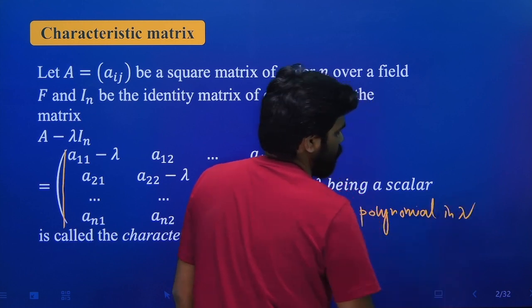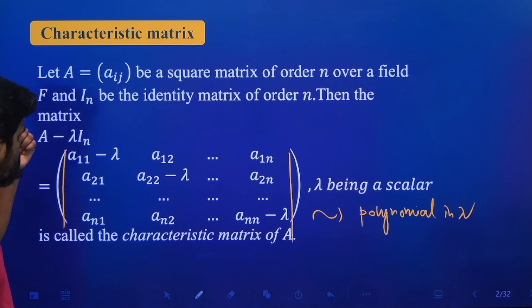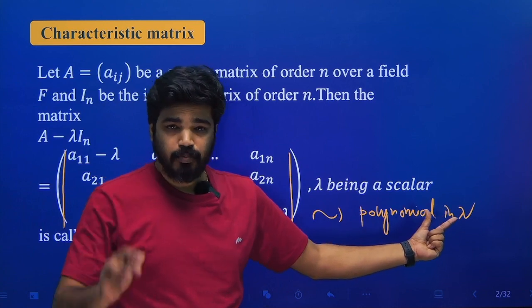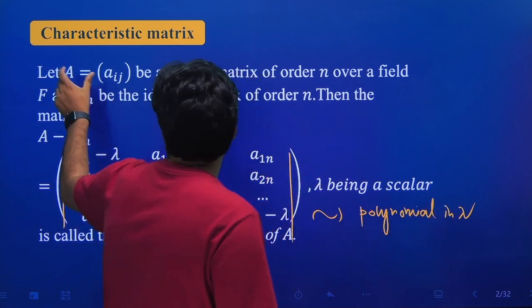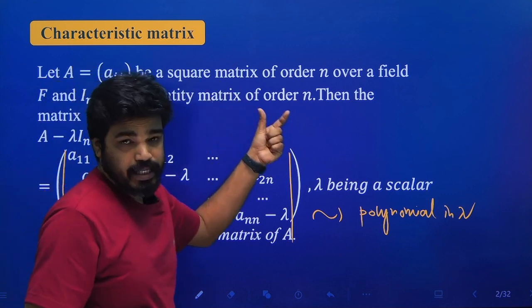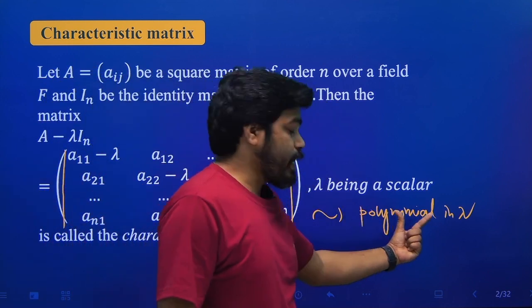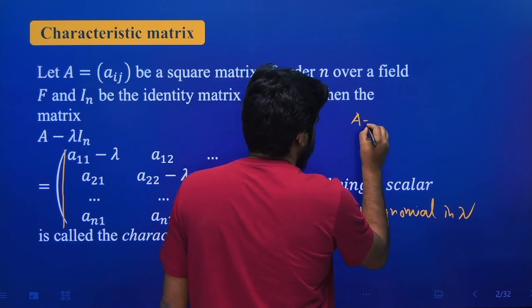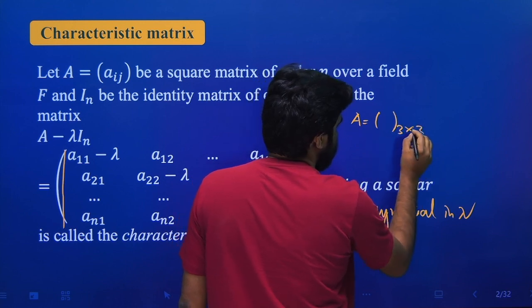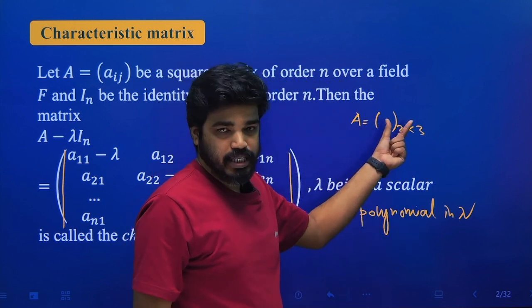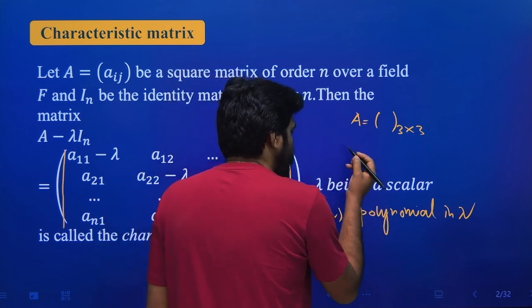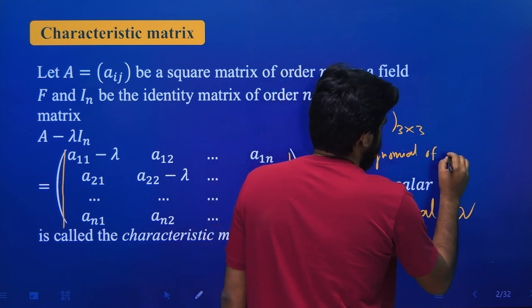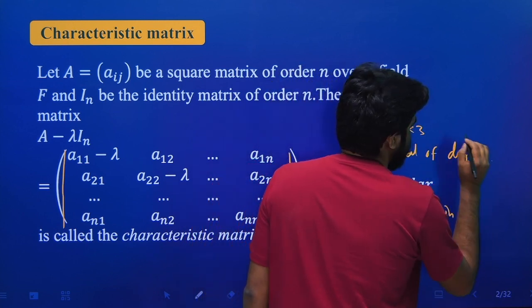It should be noted that if A is an n cross n matrix, then the degree of the characteristic polynomial will be n. I repeat, if A is an n cross n matrix, then the degree of the characteristic polynomial will be n. Suppose A is a 3 cross 3 matrix, then you get a polynomial of degree 3.